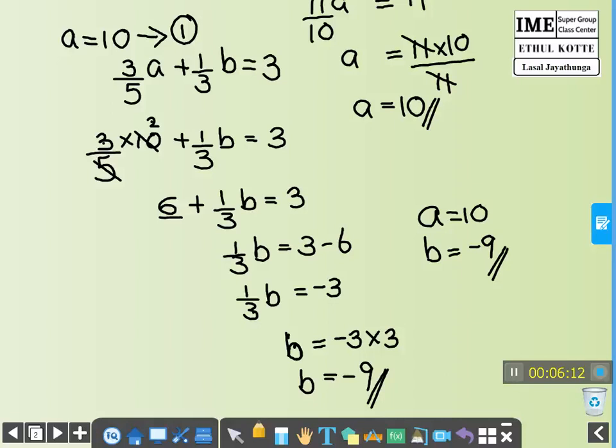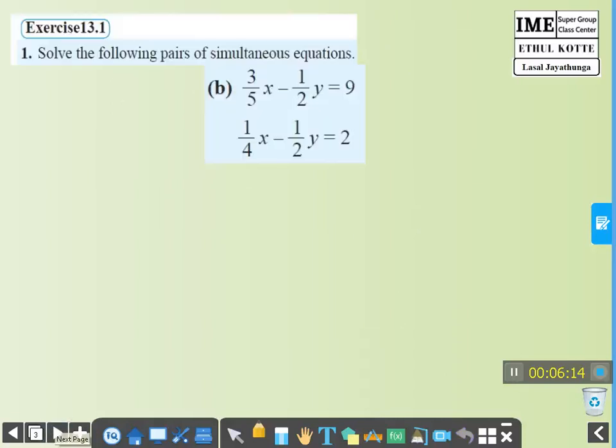Right. Second one, analyze the algebraic terms and their coefficients. Find out the algebraic term with the same coefficients. Which one? For term y. For the first equation it is minus 1 upon 2y.